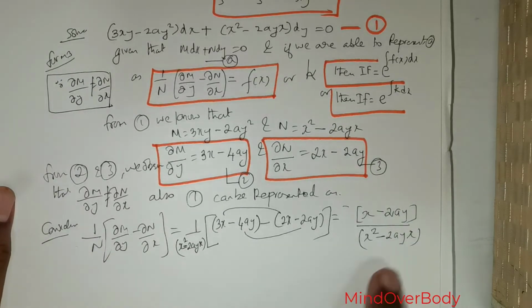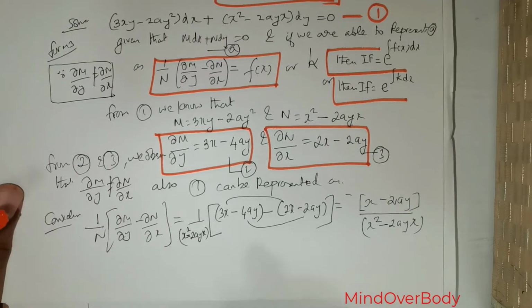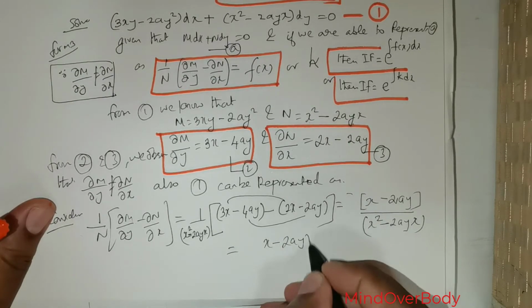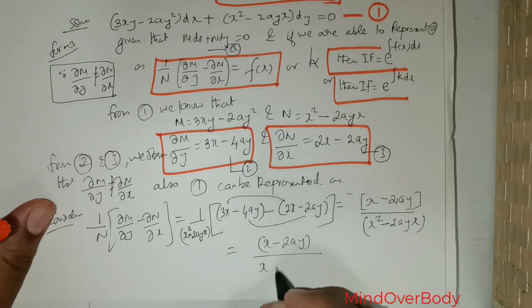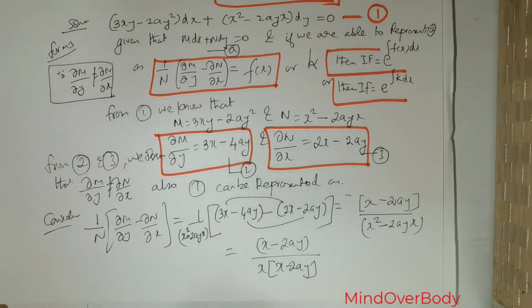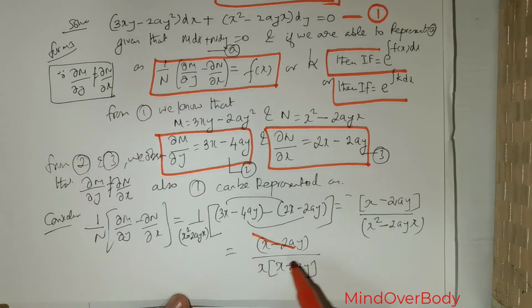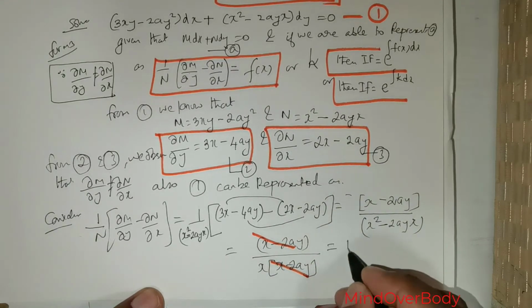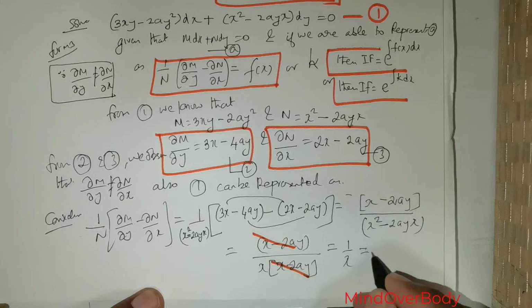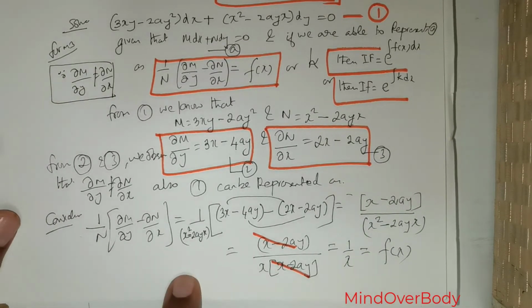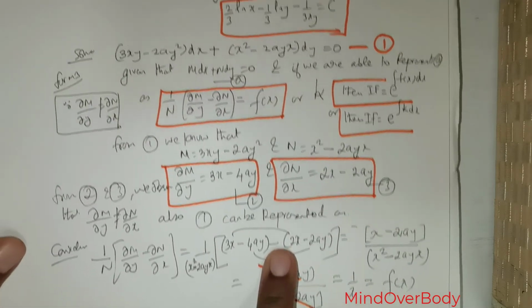Okay, so if I were to take x out, so this is going to be x minus 2ay divided by x times (x minus 2ay). Now clearly this can be cancelled, the numerator with the denominator, giving me 1 over x, which is nothing but a function of x. So the requirement is satisfied, right?